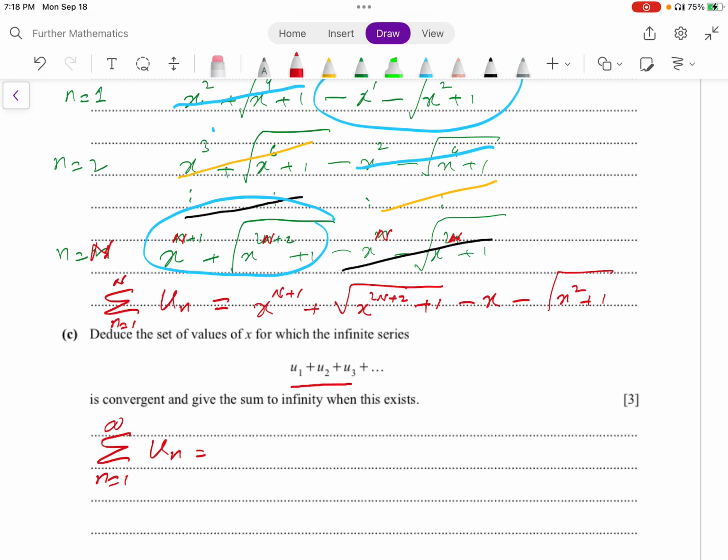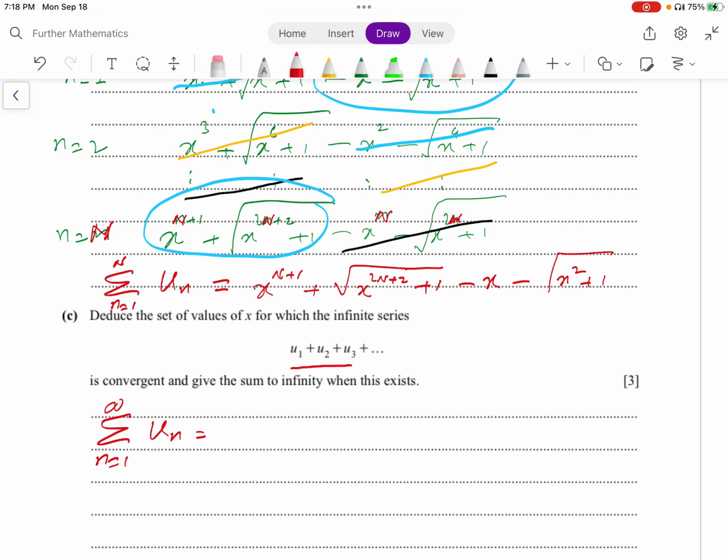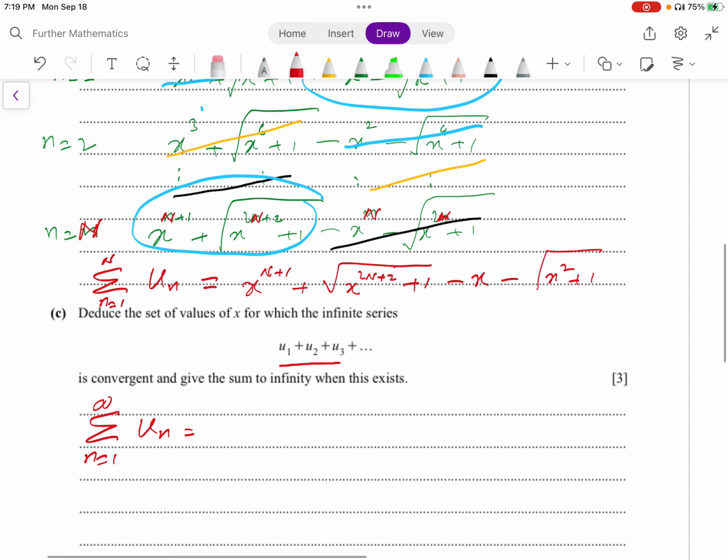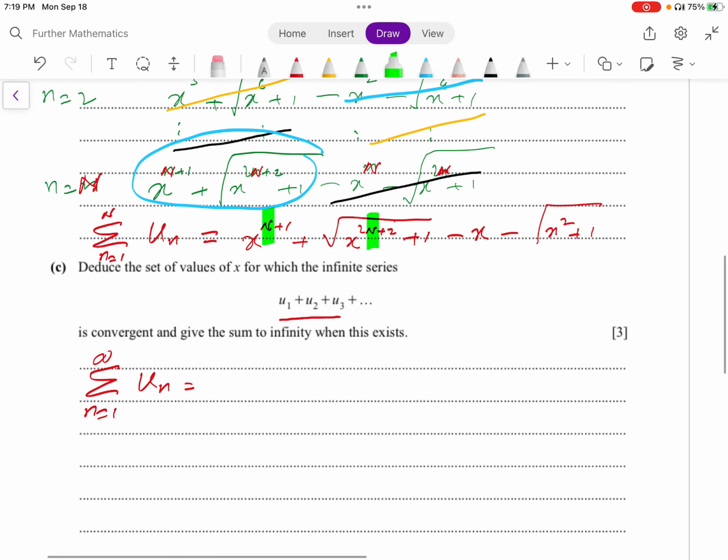If it is convergent, we have to check the x power. The term here is x to the power n plus 1, and x to the power 2n plus 2. If it is going till infinity, this n will be replaced with infinity. So we get x to the power infinity plus 1 as one term, and the other term is x to the power 2 times infinity plus 2.